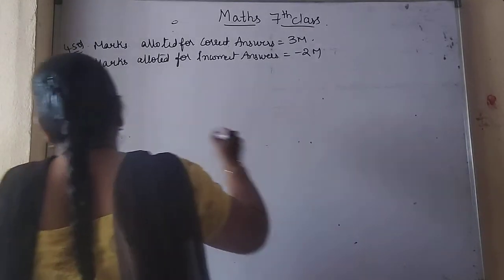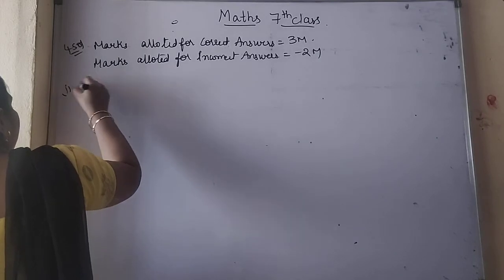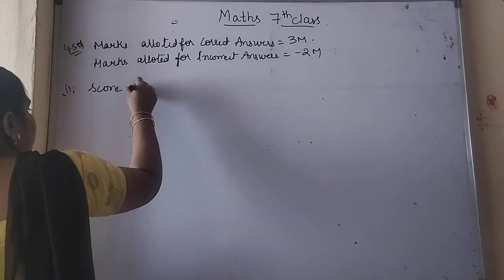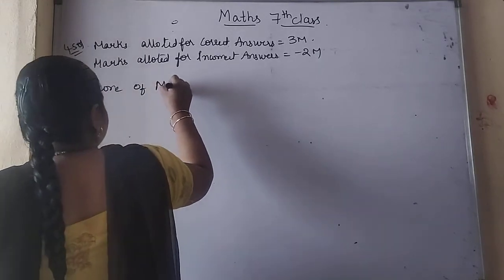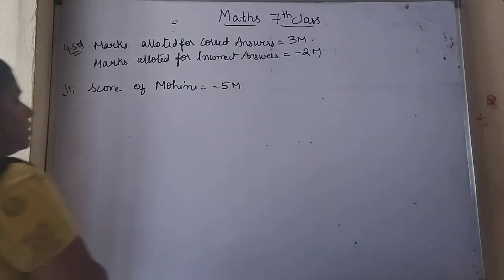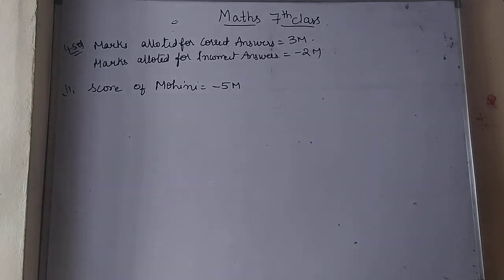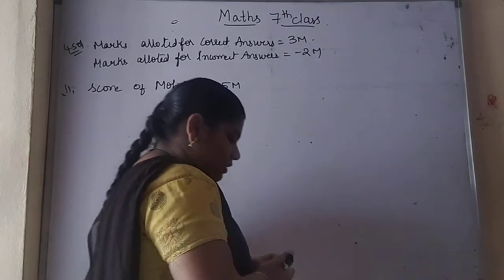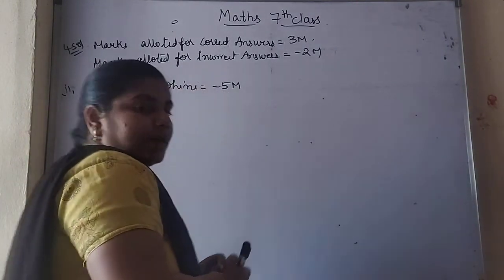So now score of Mohini is how much? Minus 5 marks. The score of Mohini is minus 5 marks. Now how many correct answers she has written? She has written 7 correct answers.